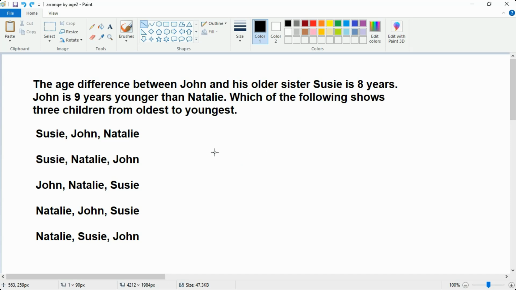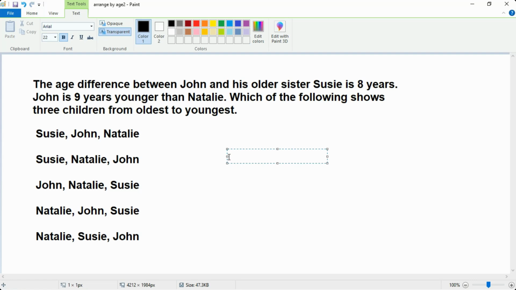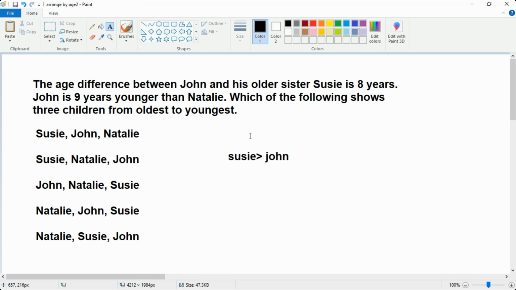So that means we have Susie, who is greater than John, who is older than John. And then we have John is 9 years younger than Natalie. So, as I said, we always find the older person.